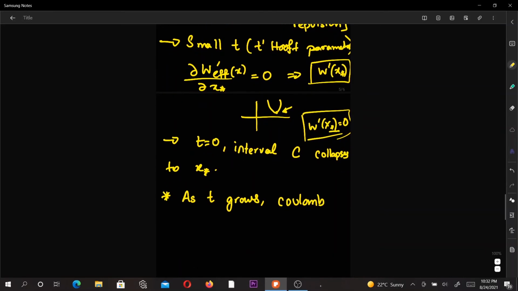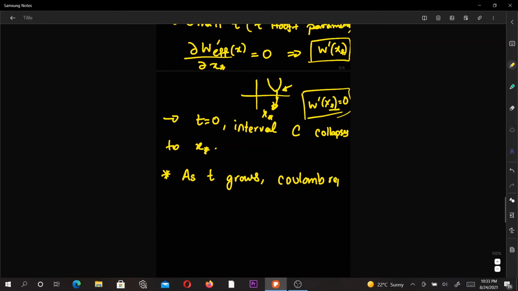Initially as t was 0, it was at this x star, but if you make t bigger, the Coulomb repulsion term dominates over the potential term, and the eigenvalues will move apart from the minima. The interval C will get bigger and it will be spread out.